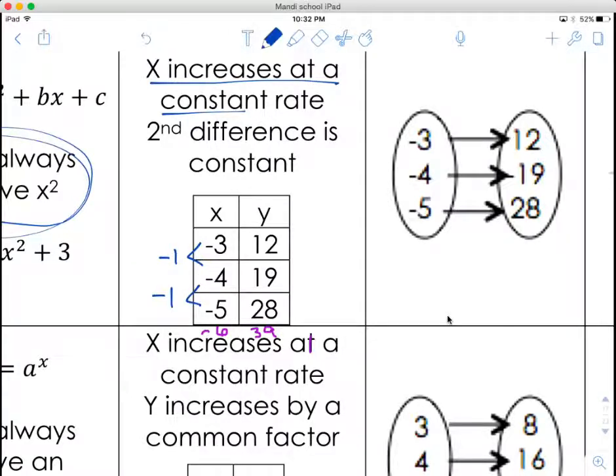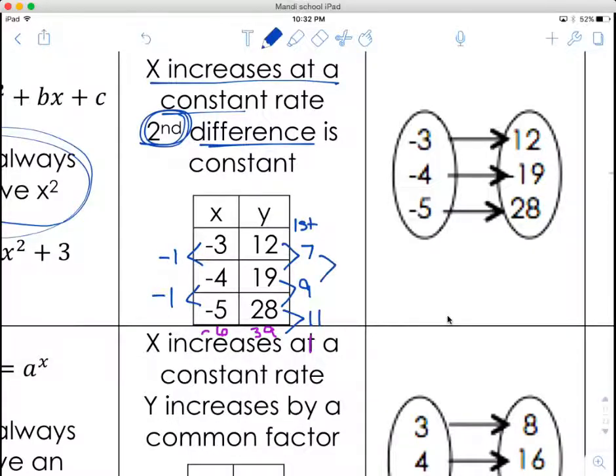Good. Now this says the second difference. So that means we're going to start with the first difference. So from 12 to 19, that goes up 7. From 19 to 28, that goes up 9. From 28 to 39, that goes up 11. That's not constant, but this is the first difference.